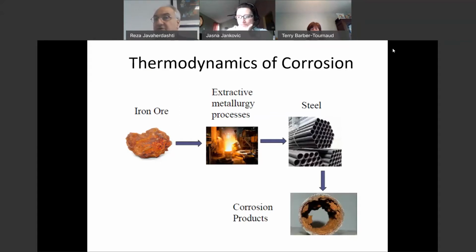When we talk about iron ore, for example, this ore is basically a combination of iron with carbonates, iron with sulfates, iron with other chemical elements. And corrosion products are also the same. Corrosion products could be oxides, like iron oxide, like hematite, Fe2O3, like magnetite, Fe3O4, like iron sulfide, etc.